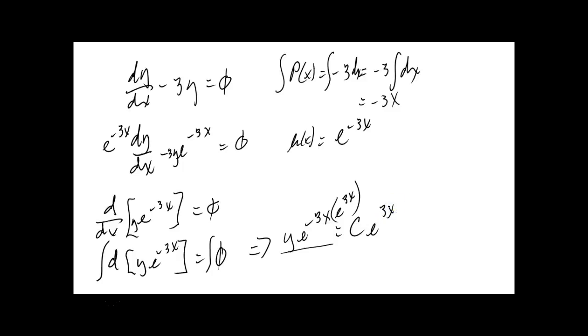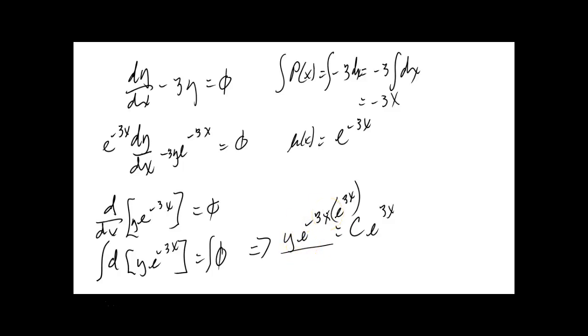And what's e to the minus 3x times e to the 3x? Keep the base, add the exponents. The base is e.